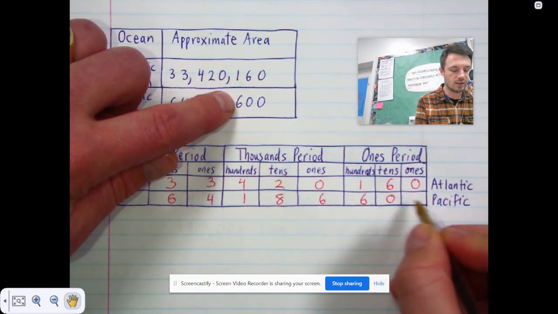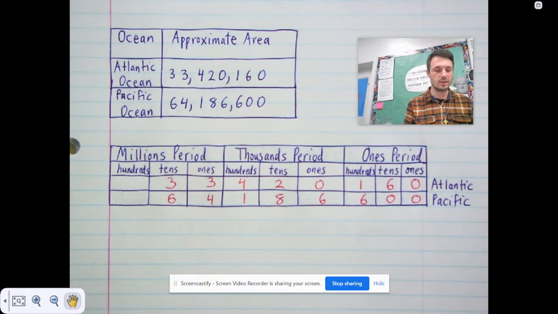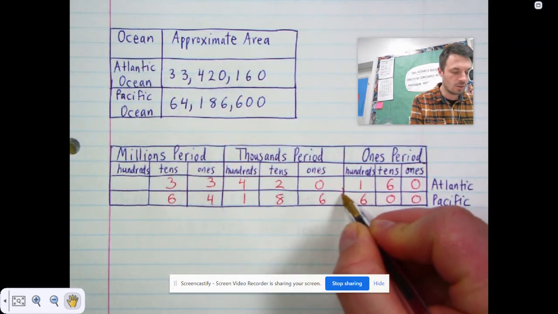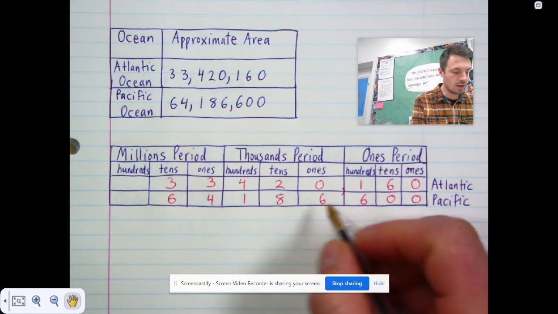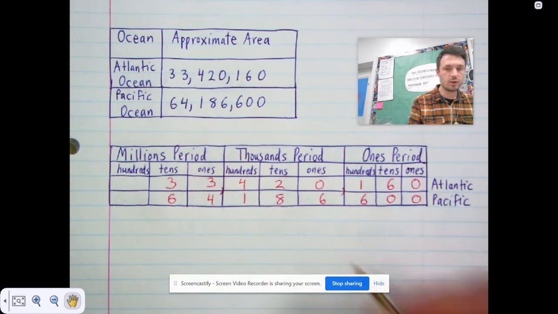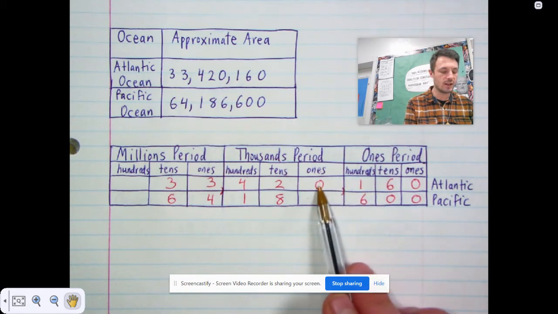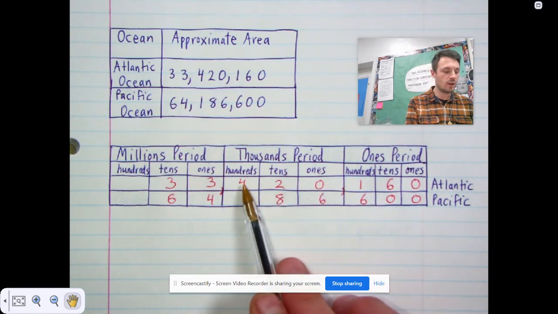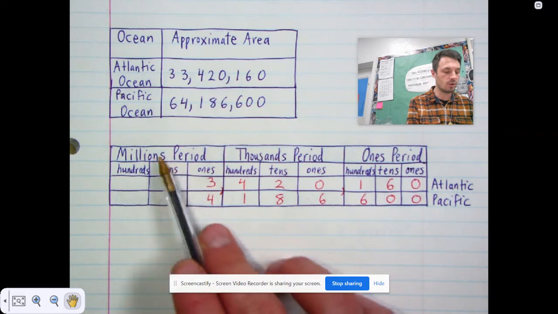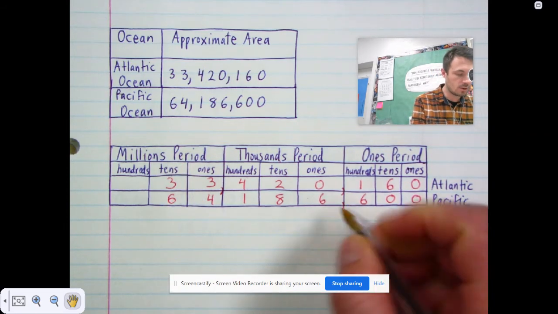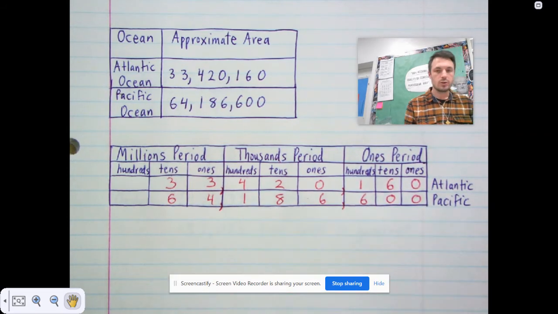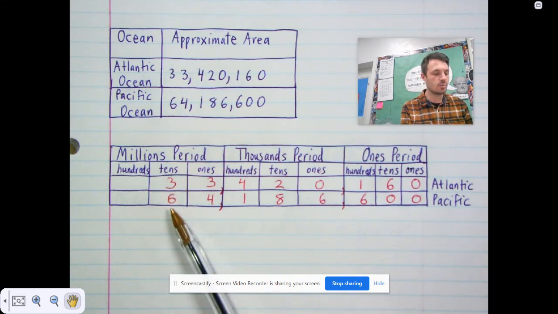And then we have a 0 in the tens place and a 0 in the ones place. And of course, we need to remember that commas go between our periods. So every 3 digits, we put a comma. So we put a comma between the hundreds place and the thousands place, and between the 100,000s place and the 1 millions place. And we have to do that here too.